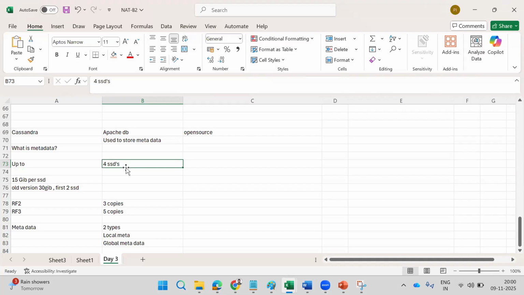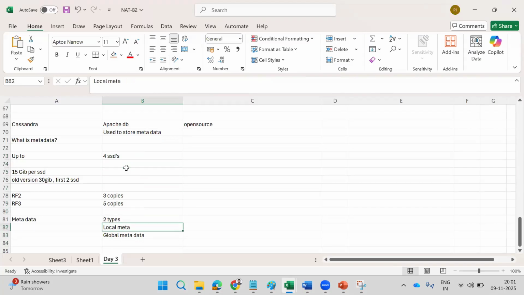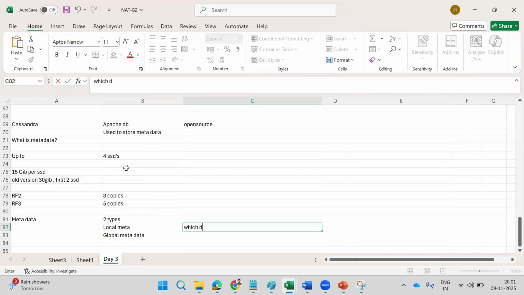Okay, thank you. So now we have 2 types of metadata: local metadata and global metadata. Local metadata contains more detailed information about which disk, which sector, which extent. It contains specific local information.